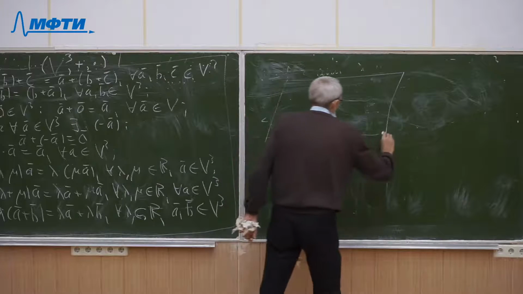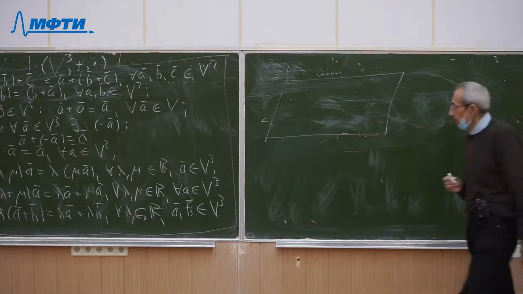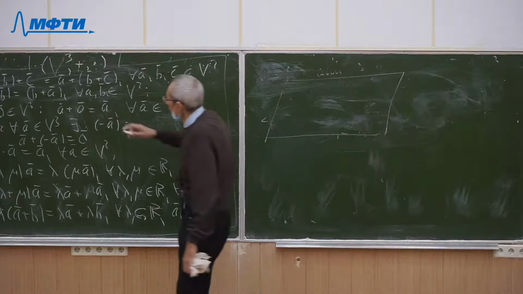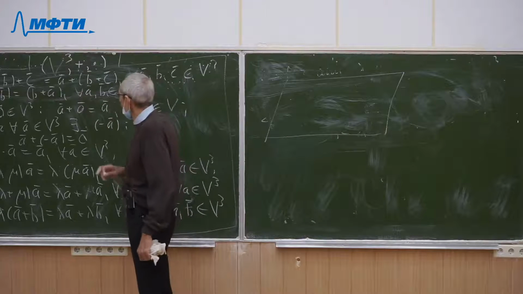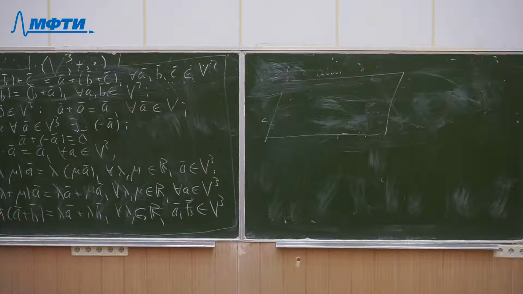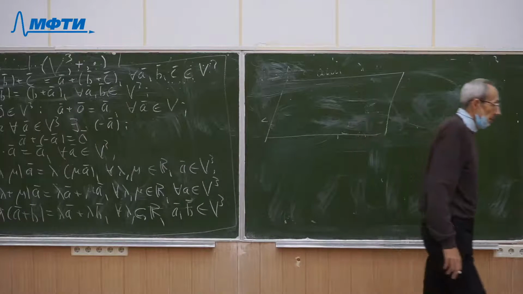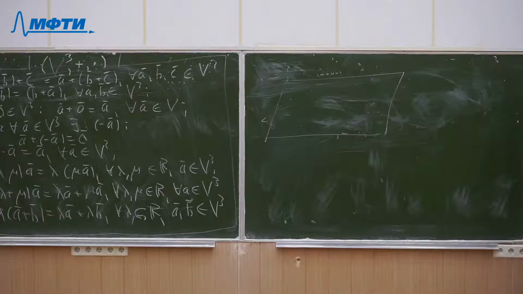In this way we obtain the plane vector geometry. And in this definition we can change number 3 to number 2, and in such a way we can obtain the plane geometry.